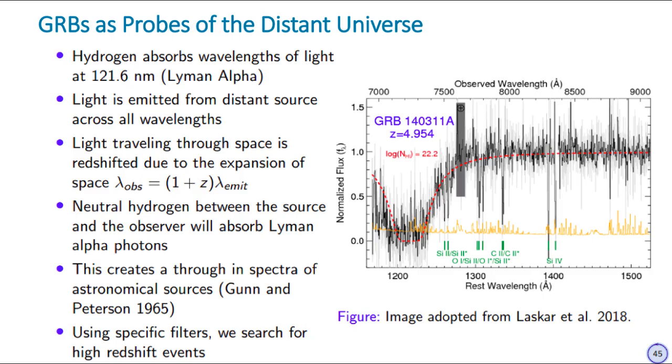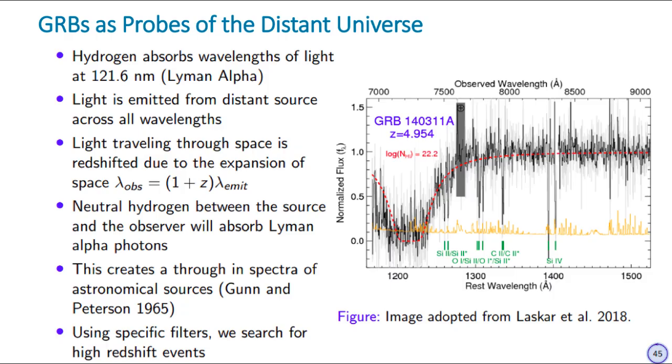We can also use gamma ray bursts to measure very far away distances in space. And so this will introduce a new concept called redshift, specifically using redshift to talk about distances in space.